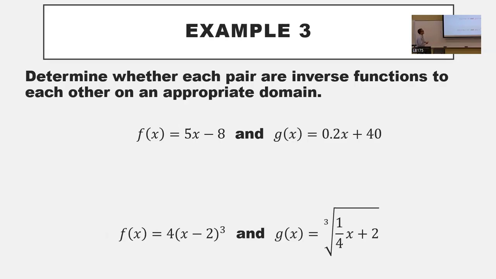So let's take a look at these two examples. We have f of x equals 5x minus 8, and g of x equals 0.2x plus 40.